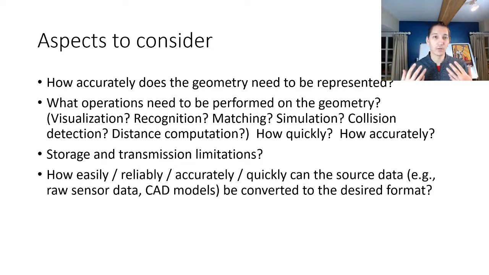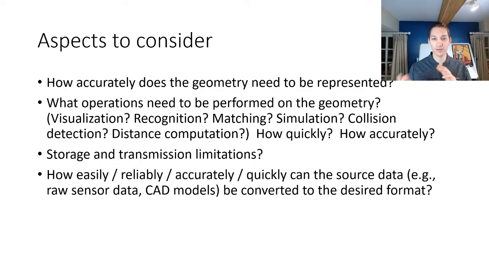If you're also working with networks especially, then you have to worry about storage and transmission limitations, although in some cases, even on a single CPU, dealing with volumetric real-time imaging, for example, can be a systems problem in terms of how much bandwidth you can accommodate. And then finally, how easily, reliably, accurately and quickly can you convert some sort of source data, whether it's from your raw sensor data or CAD models, into the format that you desire?